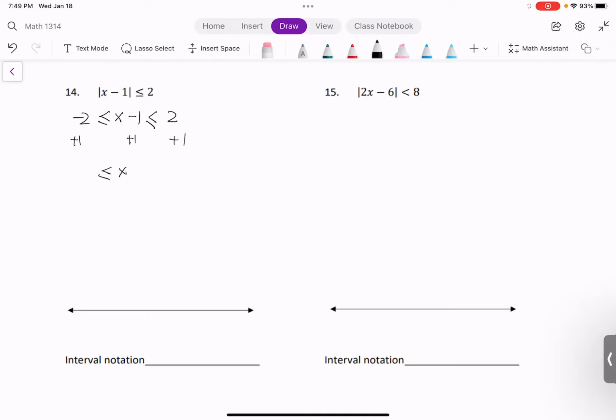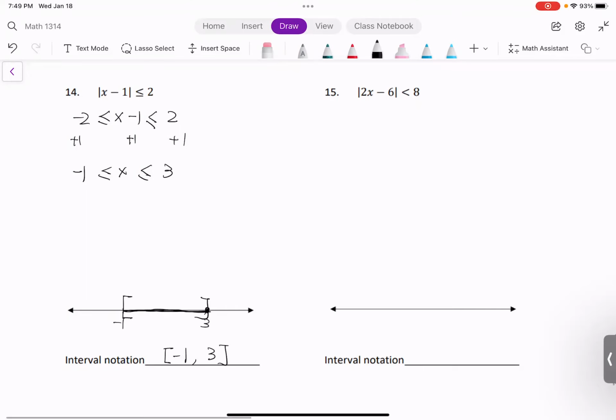X is between -1 and 3. You can find -1 here, find 3 here. So x is between -1 and 3, highlight the number line between them.